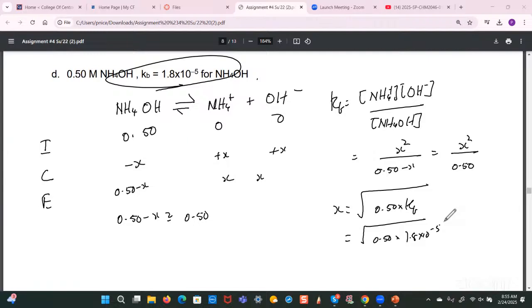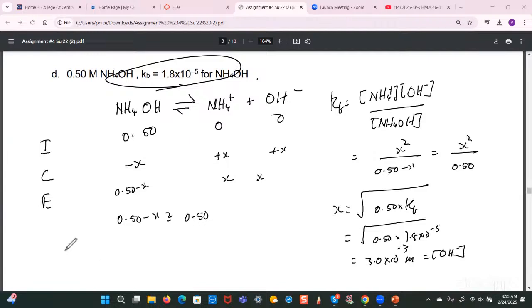So let's do that calculation, 0.5 times 1.8 times 10 to the minus 5, and then find the square root of that. According to my calculation, this works out to be 3.0 times 10 to the minus 3 M, which would be equal to the concentration of OH minus.